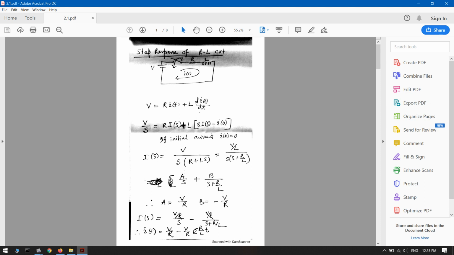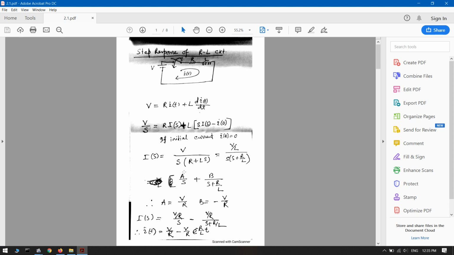So can we write this, the first equation? Okay. Now see, ultimately we have got an equation, V equals R i(t) plus L d/dt of i(t). Now our intention is to calculate i(t).